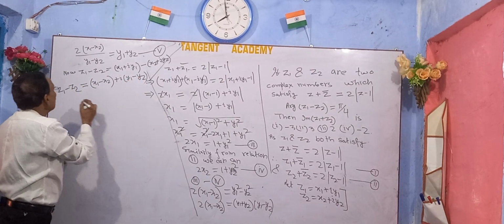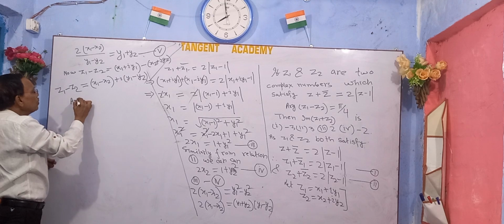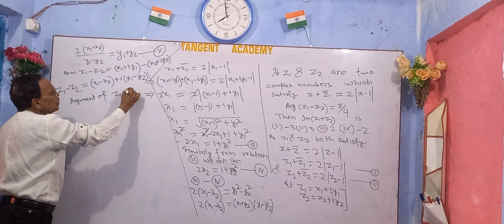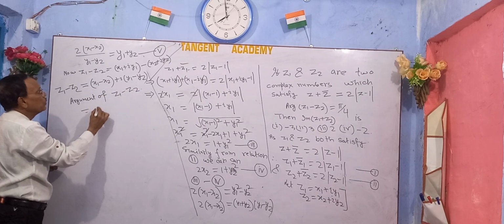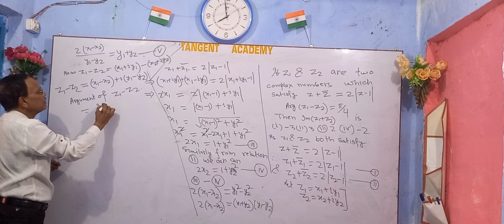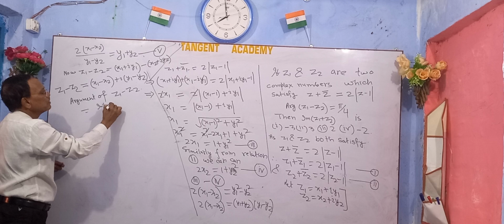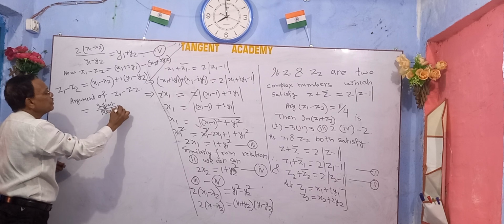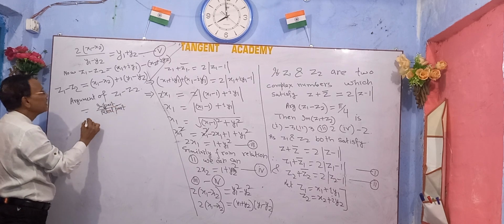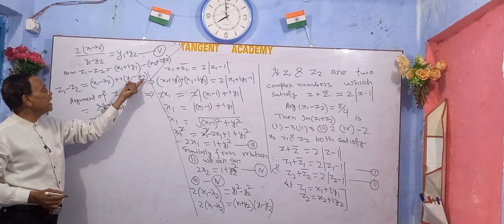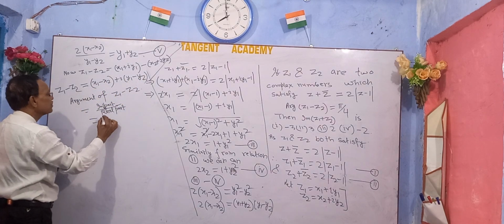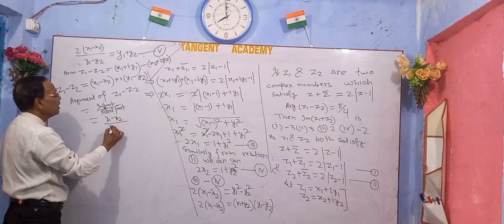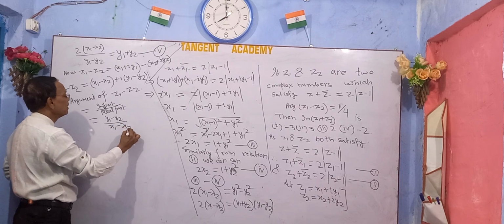And we know that the argument of z1 minus z2 will be equal to the imaginary part divided by the real part, so it is y1 minus y2 divided by x1 minus x2.